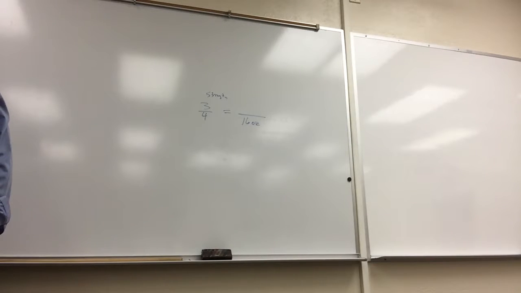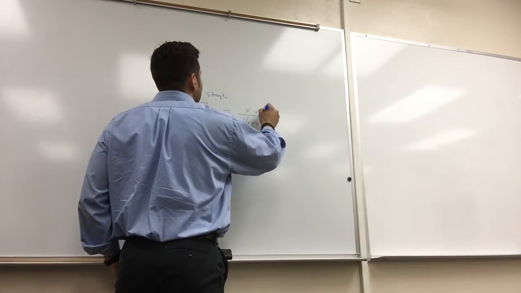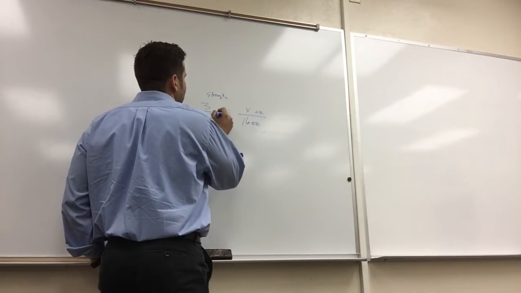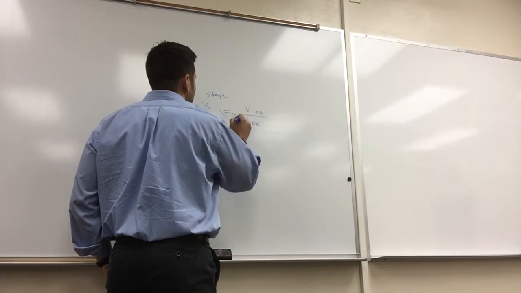We should have it in mLs, but you can convert that after the fact. You can just do it with 16 ounces, because 16 divided by 4 times 3 is 12. Which is 12 if you did the math, cross multiplication of it.